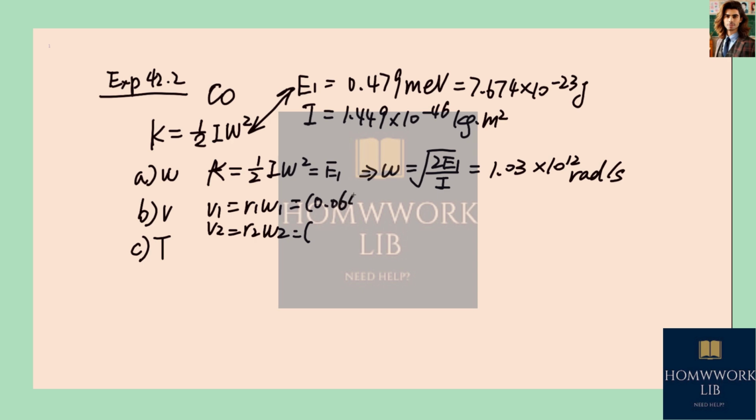For oxygen it is 10 to the negative 9 meter, and for carbon it is 0.0484 times 10 to the negative 9 meter. So this is their respective radius. This one is carbon, this one is oxygen, and I multiply them by the angular speed.